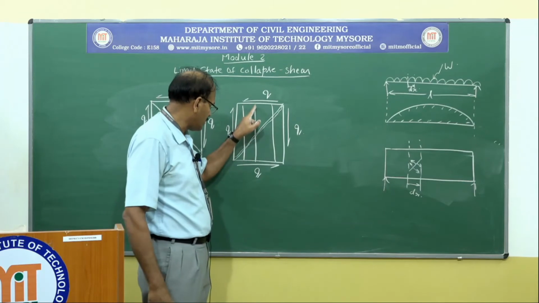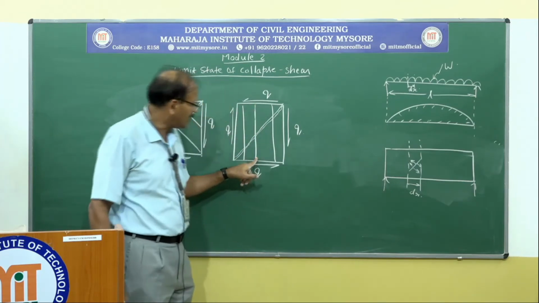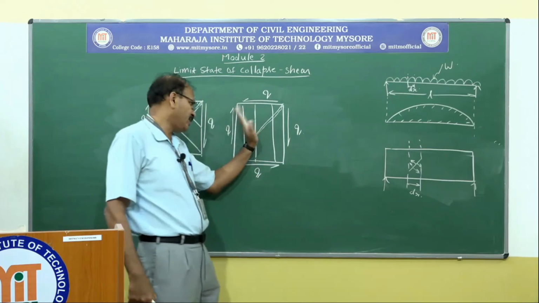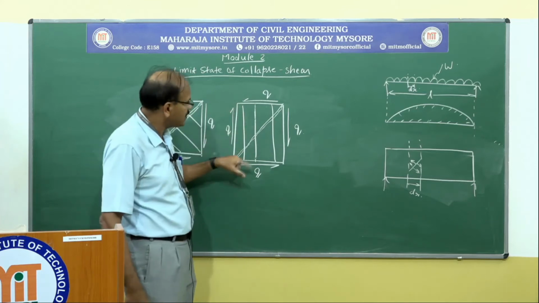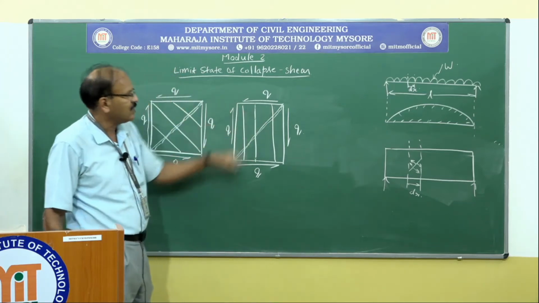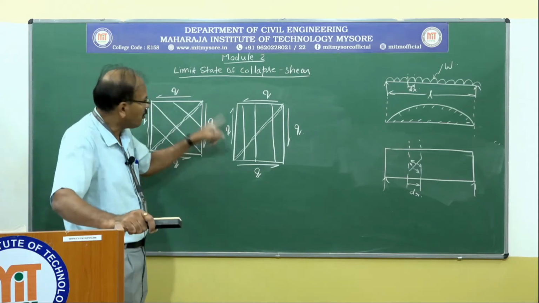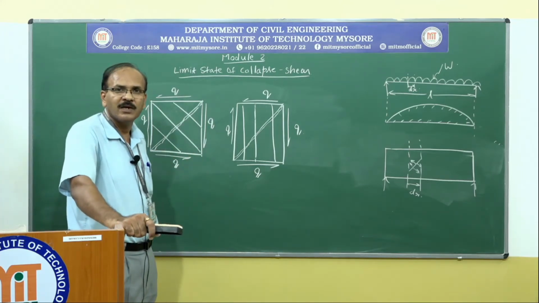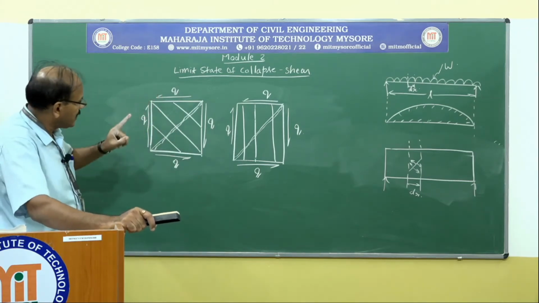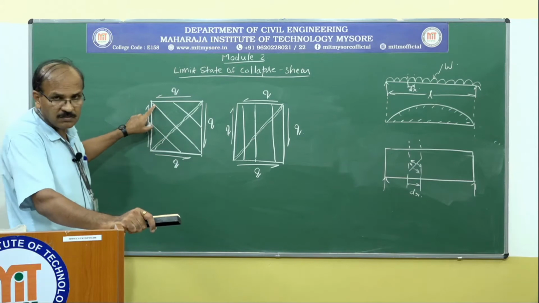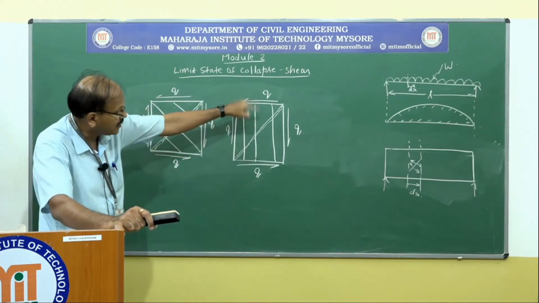Okay, that resisting force in the stirrups will have a component in this direction. Those resisting forces are going to resist the diagonal tension developed in the concrete. Is it clear to you? So to take care of shear, we can provide bent up bars or inclined stirrups or vertical stirrups.